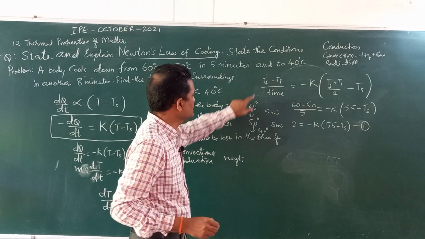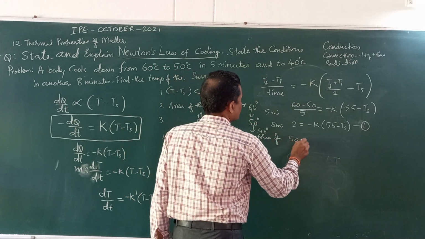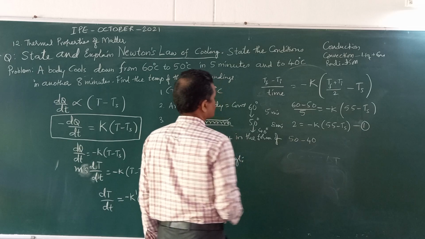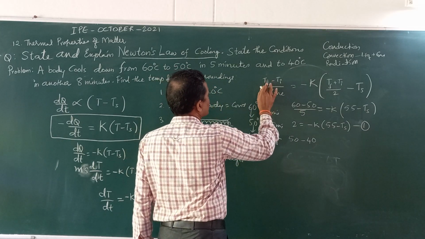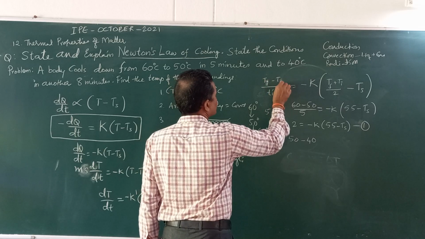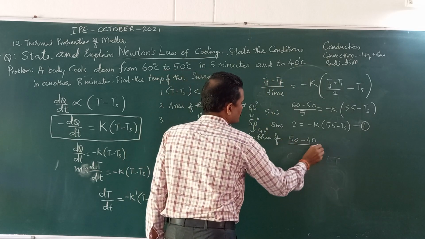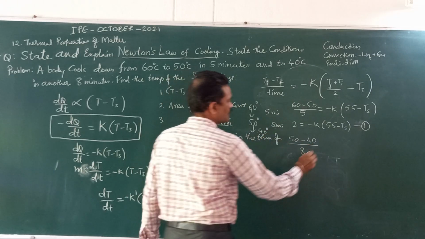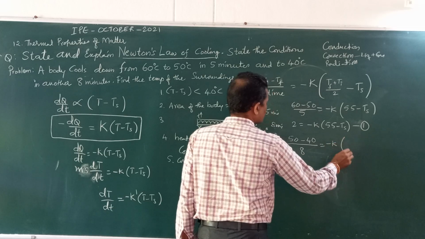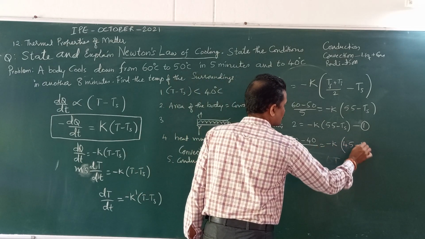Now, for the second condition, apply the same formula, 50 to 40, that means 50 minus 40. Oh, it must be T initial minus T final, sorry. Right, T initial is 50, final is 40. So, 50 minus 40, how many minutes? 8 minutes is equal to minus k times average of 50 and 40, it comes out to be 45 minus Ts.